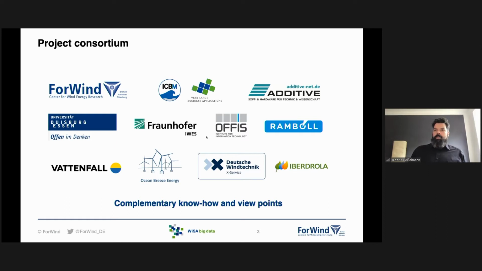Then we have some partners who are coming from IT solutions, and some consultancies. And also, of course, we have some operators in the consortium, because in the end we need the data, we need the domain experience, and this very diverse consortium makes it possible to tackle a challenge like what we're looking at.